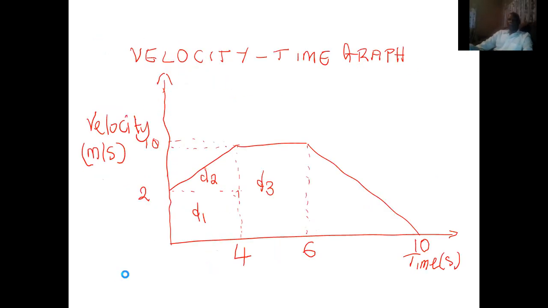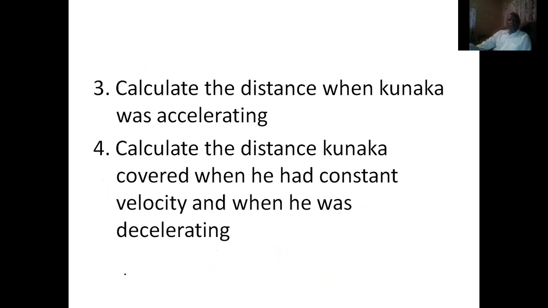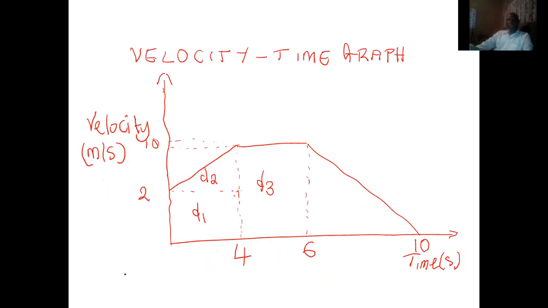So we go to the other part of the question. When he had constant velocity and when he was decelerating. We need to calculate the distance when Kunaka was decelerating, which we can denote by distance 4. It's a right-angled triangle. We see that the base here is 10 minus 6, which is 4 seconds, and the height is 10 meters per second.